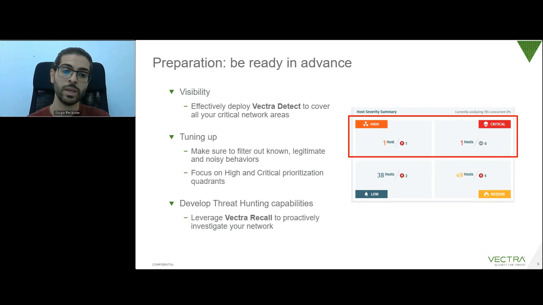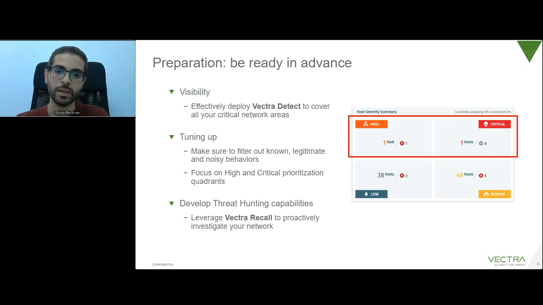And we usually say to our customers that we really want to focus on just the most critical assets, so just on the high and critical quadrants in this case. That's because the platform itself is already helping us, filtering the behaviors that look more specifically related to a real attack.